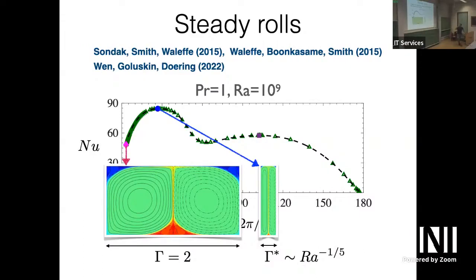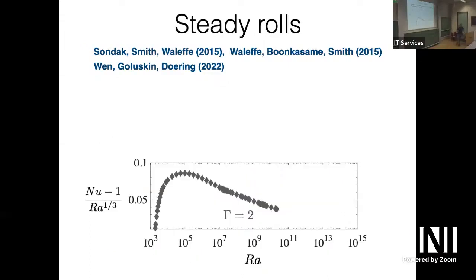And if you want to keep increasing the Rayleigh number and keep making the heat transport as large as you can, it turns out that you want gamma star to be slowly decreasing like Rayleigh to the -1/5. If you don't do that, if you just fix the aspect ratio of your roll branch and go up to Rayleigh 10 to the 10, you can see that this is a compensated plot of the Nusselt number. So you can see that the Nusselt number is growing slower than Rayleigh to the 1/3.